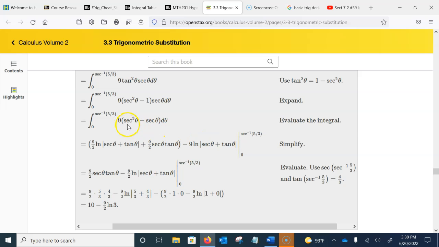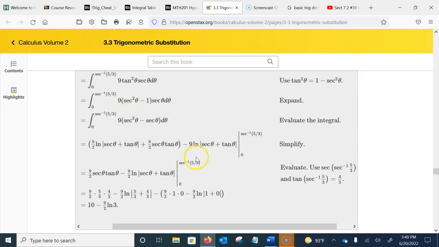This secant cubed theta, here you have to use strategies from the previous section when I had powers of cosines and sines. Of course, this is 1 over cosine cubed. Okay, so I'm not going to go over the details there. You'll have to use strategies from the previous section. But once they evaluated this definite integral, this component, they got these pieces here. So that's left as an exercise of computing this on your own.